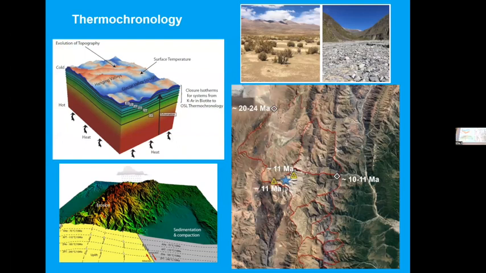Have people heard the term thermochronology? It's basically, as the landscape rises, this is the temperature. As you go down in the crust, it gets hotter and hotter, right? And that changes minerals. As you come up in the crust and things get cooler, minerals change, if you will. And certain minerals leak certain elements until they get to a certain temperature. And once they get cold enough, they kind of lock in their chemistry, if you will.